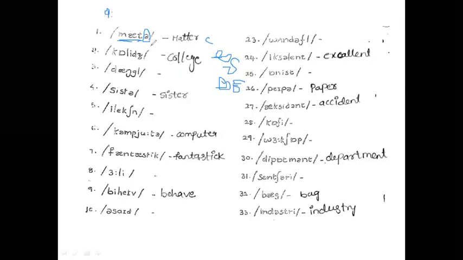What you have to do then? So what is the spelling of matter? You have to try to recollect. What's the spelling of matter? Matter. Okay, don't look at these symbols. Just try to recollect the spelling yourself.